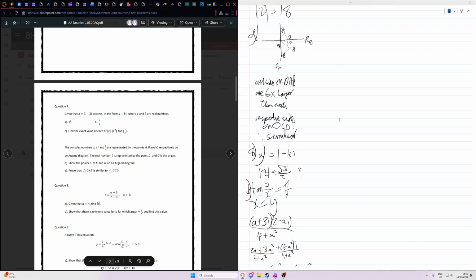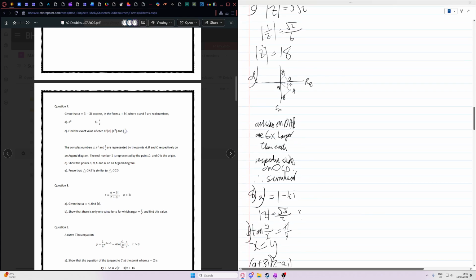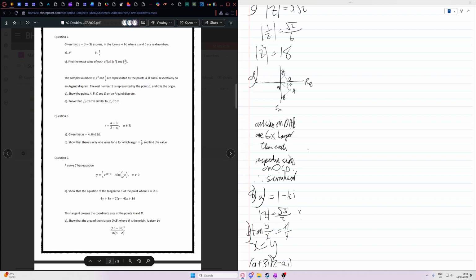I didn't do every single side, but you could, by doing the modulus of every single length, you can see that all the sides are going to be 6 times larger than the other ones on the respective triangles, therefore it's going to be similar.